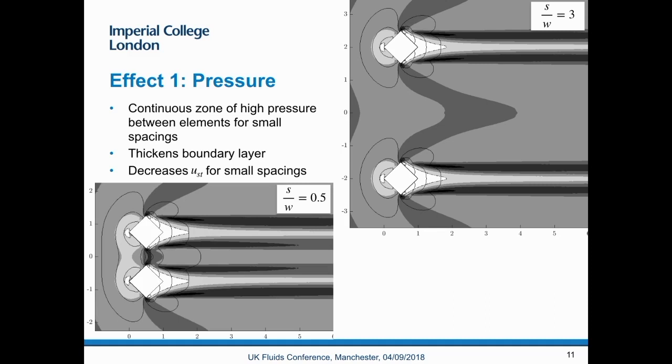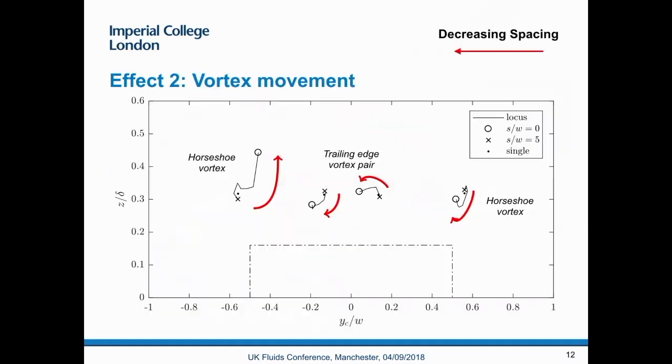When they're close together, though, you no longer get two independent regions. You get one combined region, which has a greater effect on the thickness of the boundary layer. The second one is a geometric effect. This is a plot of the centers of their vortices, and they appear to concertina together.